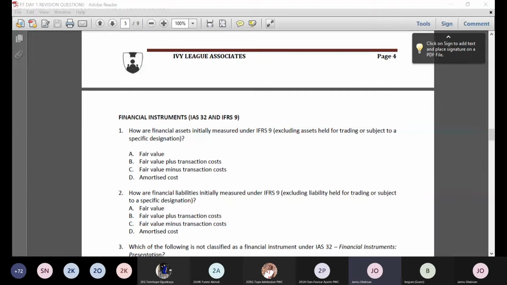Or it will go to OCI if that equity instrument is fair value through what? OCI. But in any case, that investment will be sitting in your SFP at 120, being the fair value at the end of the year.